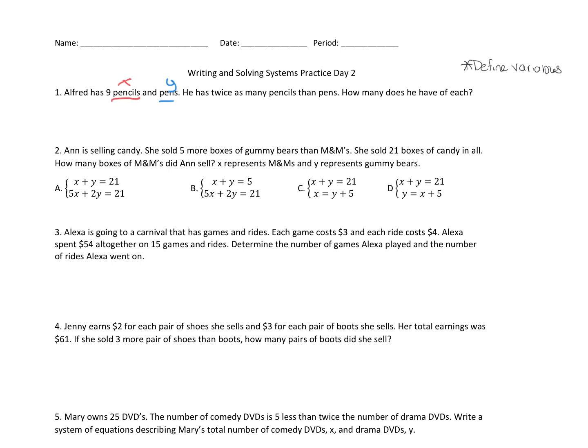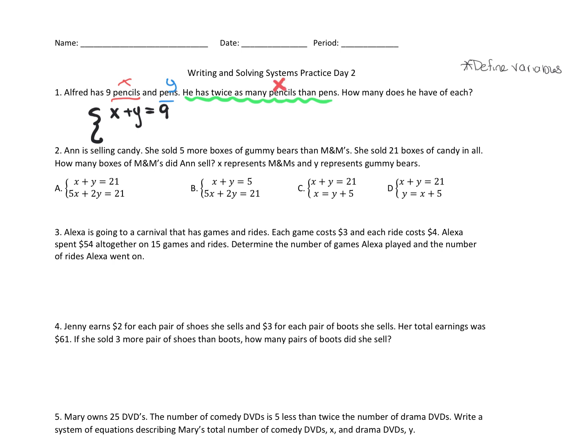Pens, I'll call Y. So we know off the bat, I got to write 2 equations, and my pencils and my pens make 9. So X plus Y has to make 9. It is this funny sentence here that makes the other equation. He has twice as many pencils as he does pens.